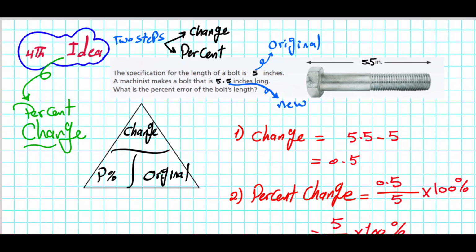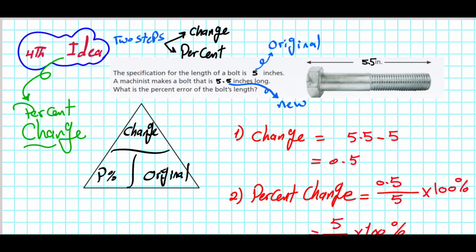The percent change happens when we decide to buy something for $5, and we found that the price increased to be $5 and a half. Like here, I have the length of a bolt is 5 inches, but it was 5.5 inches long when I found it.